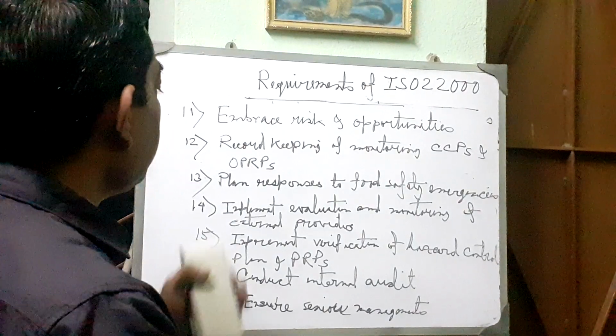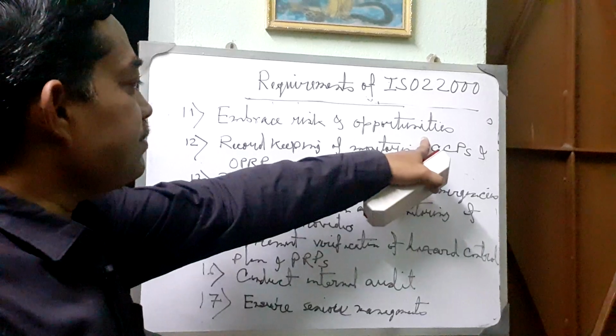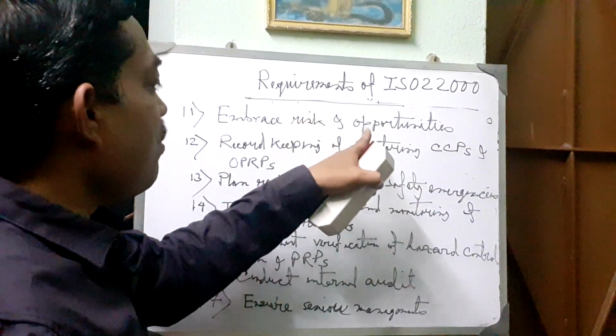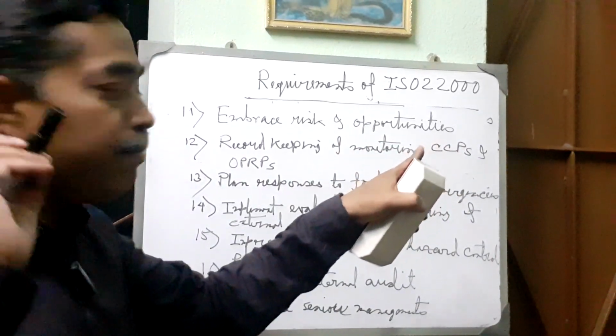So first, the 11th one is embrace risk and opportunities, considering the need for a food defense plan and food fraud vulnerability plan.